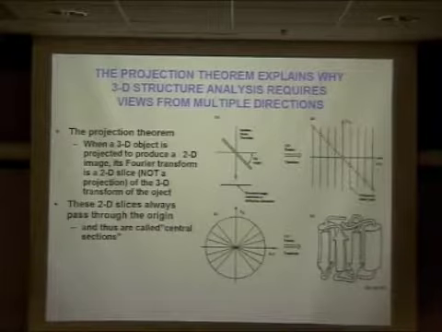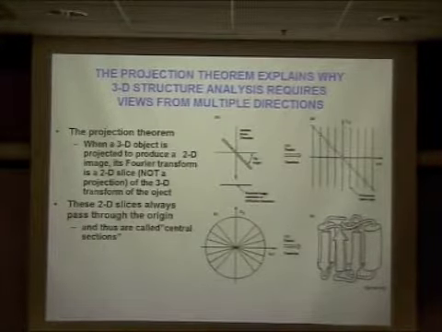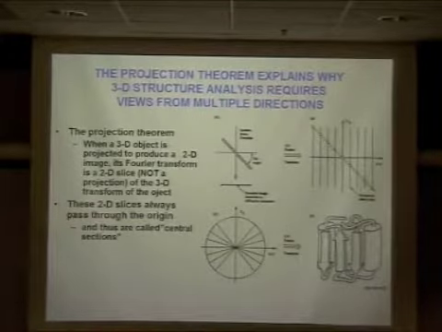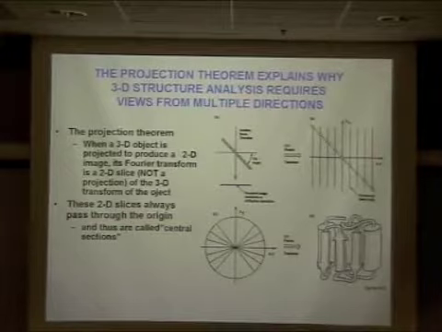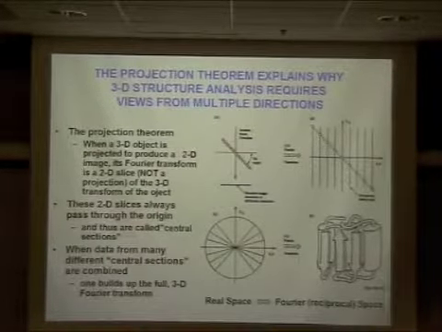Unfortunately, it doesn't draw in the ribbon diagram and the helices, etc. You have to do that part yourself. And of course, you have to have a high enough resolution reconstruction to be able to do that.